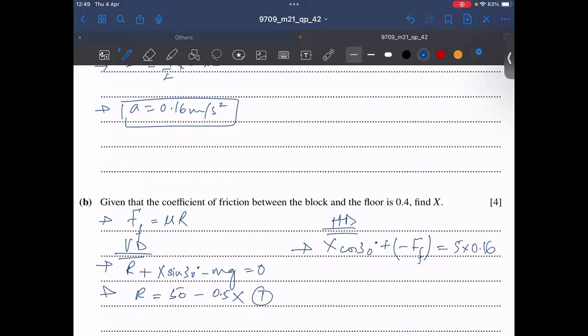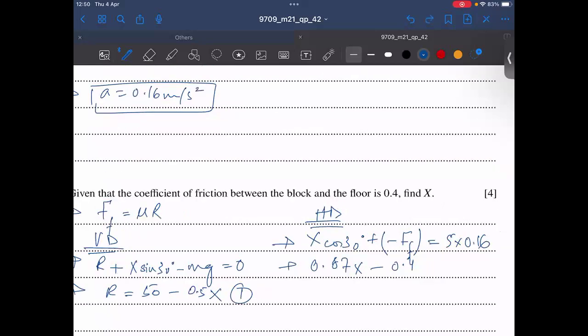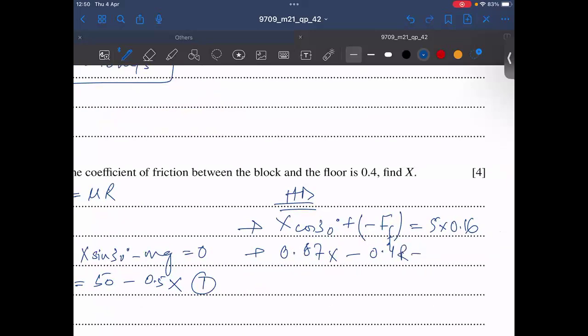So this is 0.87X minus mu R, where mu is 0.4 times R, and that equals 0.16 into 5, which is going to be 0.8.